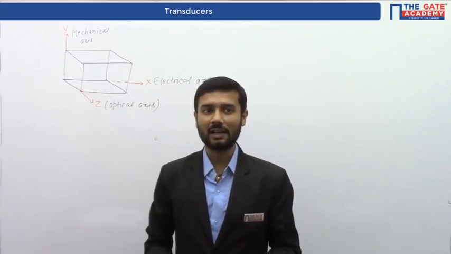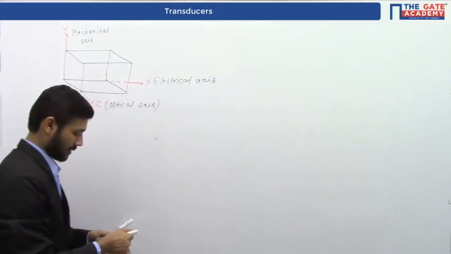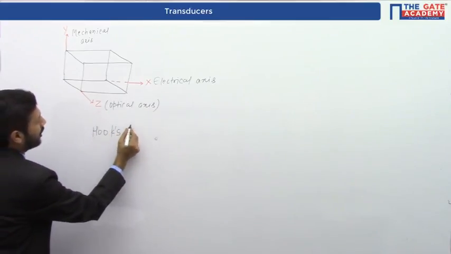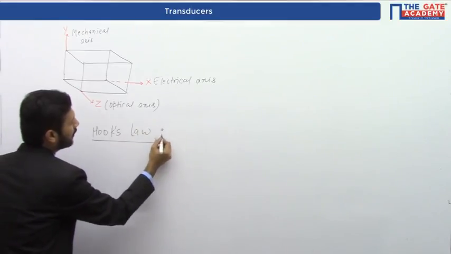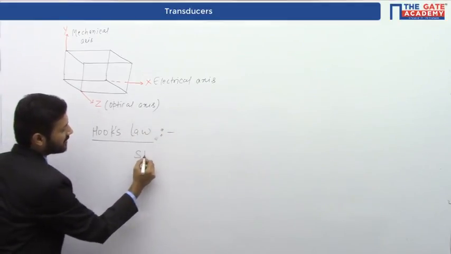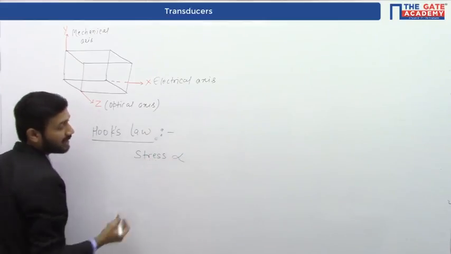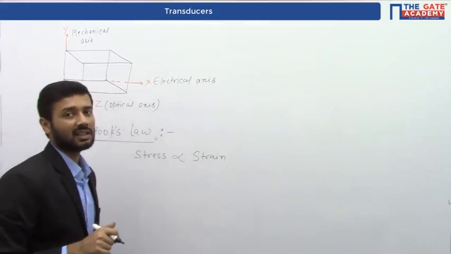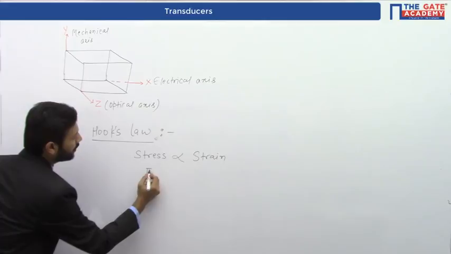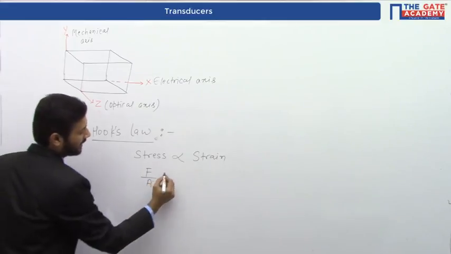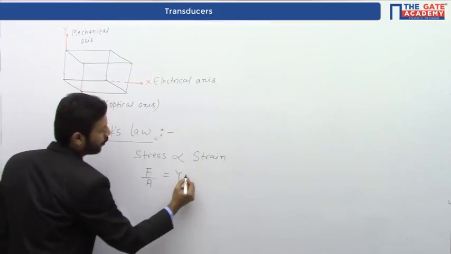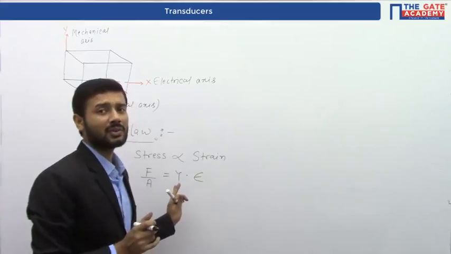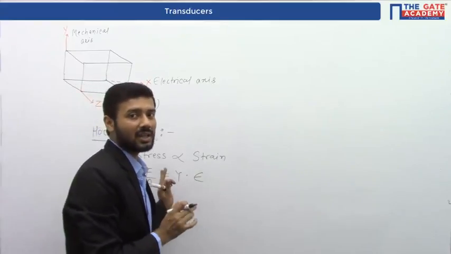We know that as per Hooke's law, stress is directly proportional to strain, and the stress is nothing but the force per unit area, which equals Y into strain, where Y is the modulus of elasticity.